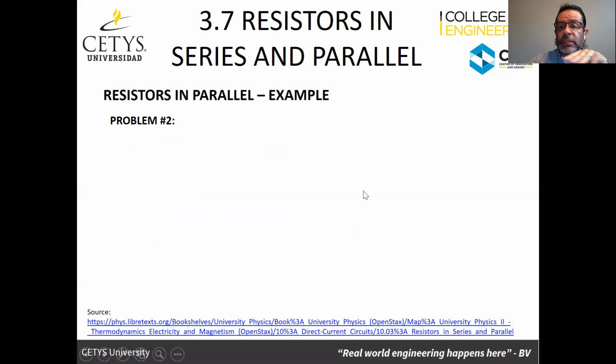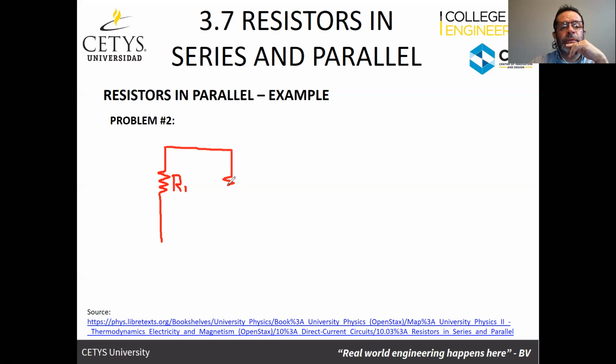Okay, so we've got 3 resistors that are in parallel. So let's do the drawing of the circuit first. We've got 1 resistor here, R1. I'm going to draw another resistor here, R2.